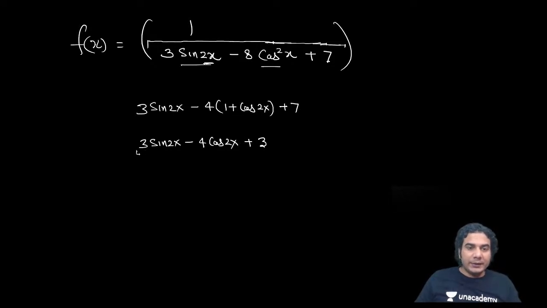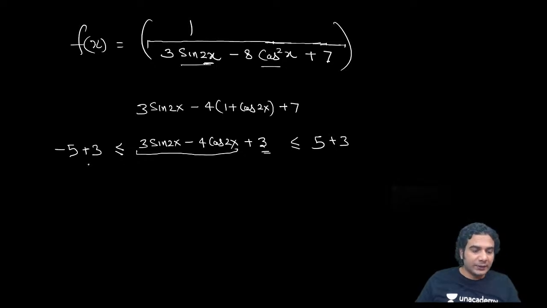Now you can write the range of this. This expression is greater than or equal to minus under root of 3 square plus 4 square, so that is minus 5, and less than or equal to plus 5. Now you need to add plus 3 to both sides.